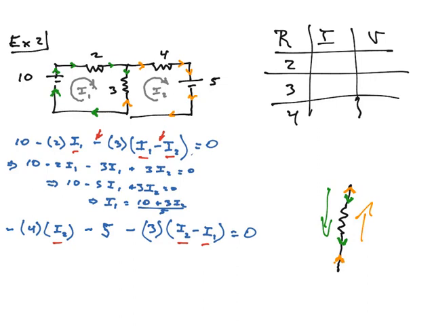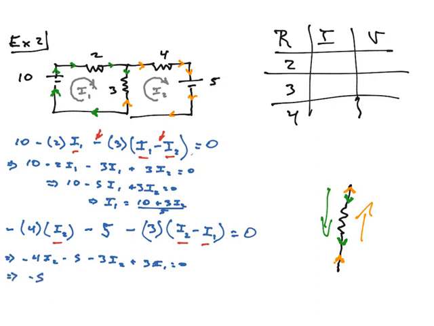All right, that's as far as I could go with it. I now have to look at the second equation. Again, let me distribute. So we have minus 4i2 minus 5 minus 3i2 plus 3i1. Combine all the terms.